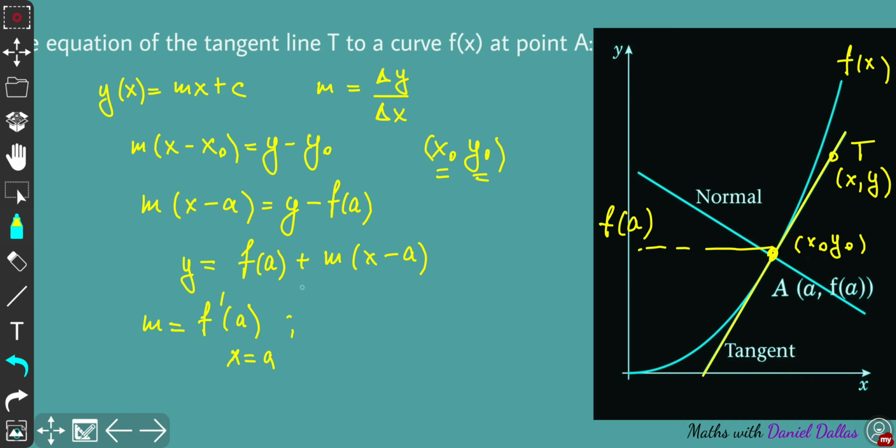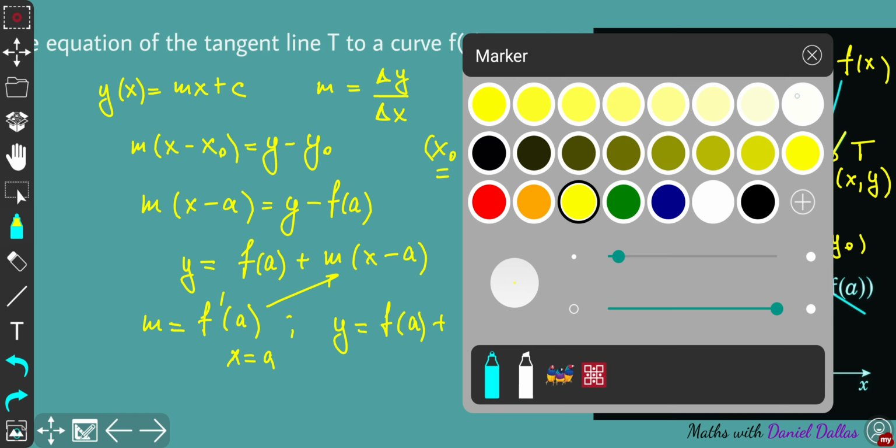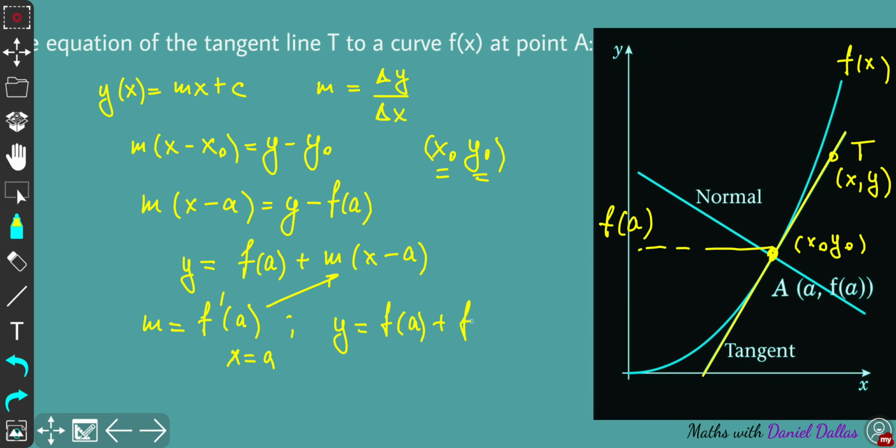If you plug it back here, you'll get the definite equation of the general equation of the line that is tangent at a given point. All right, so instead of m, you plug f prime of a, and here is going to be x minus a. So that's the general equation of the line.